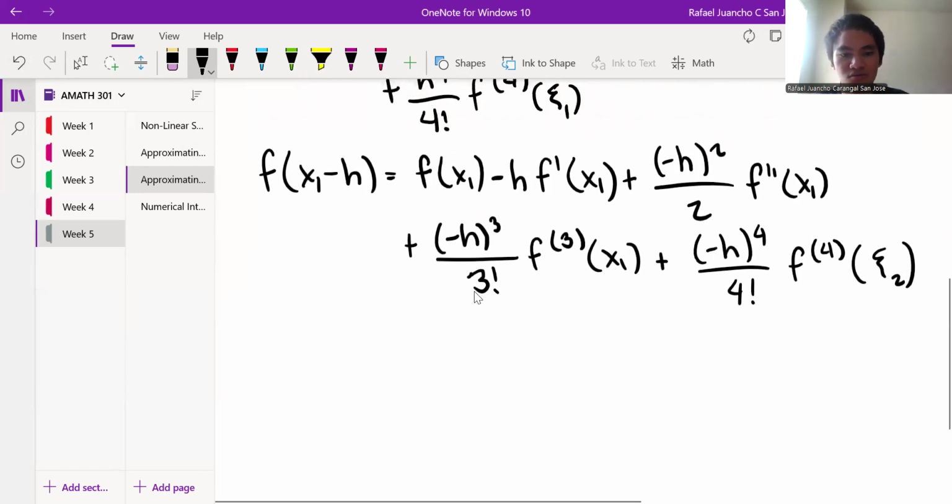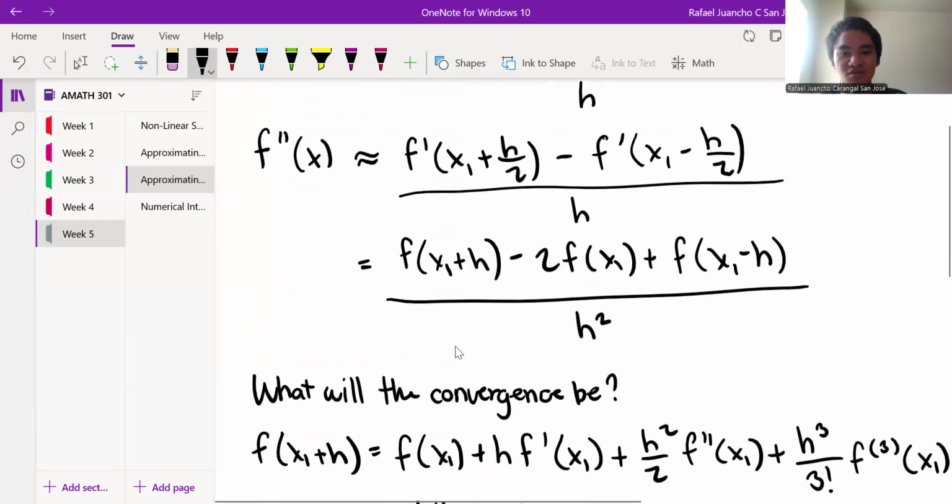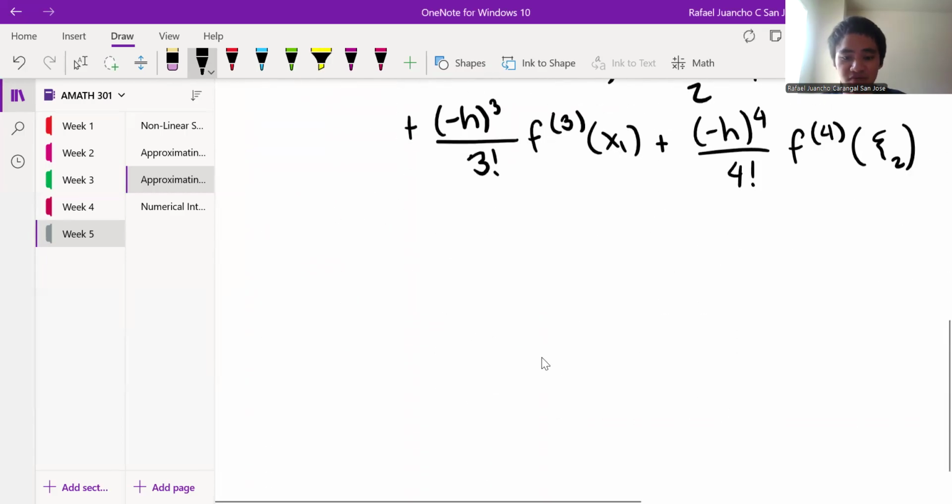And now, what's the big deal behind all of these? Well, if we add all of those things, we get something like this. Here's what's happening: we're going to add this Taylor approximation to here, minus 2f of x1, plus this Taylor approximation. We do all of that very messy stuff, and we should be able to get f double prime of x1.